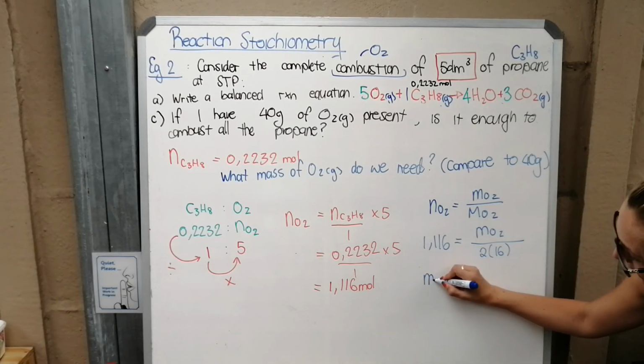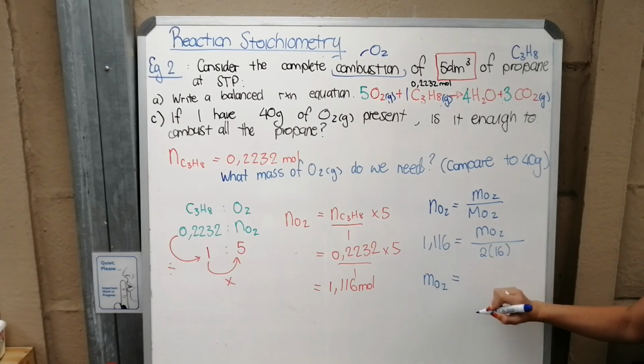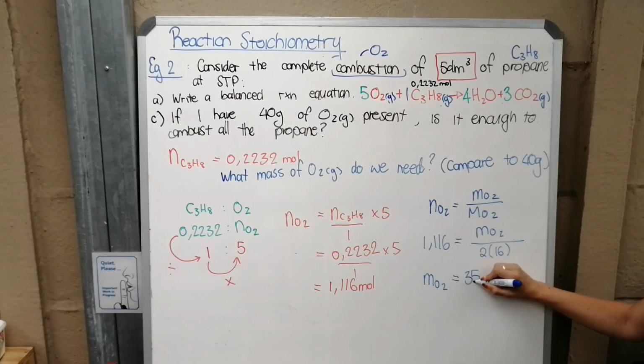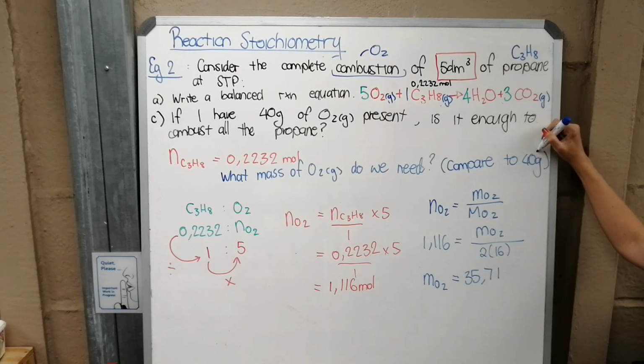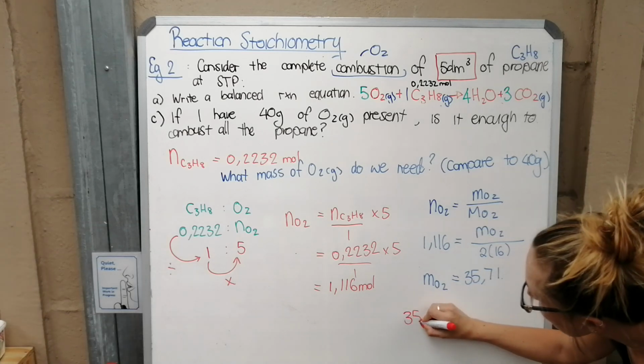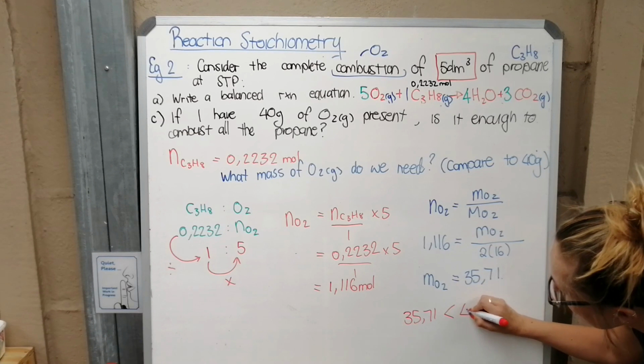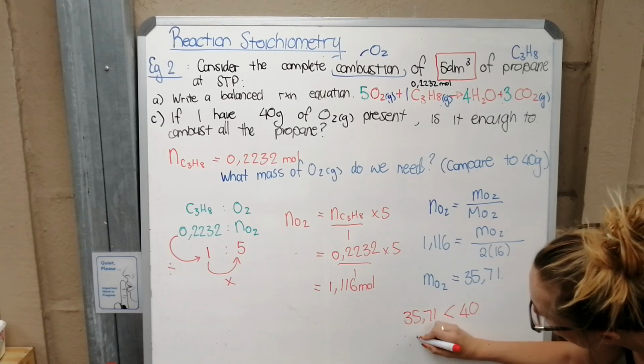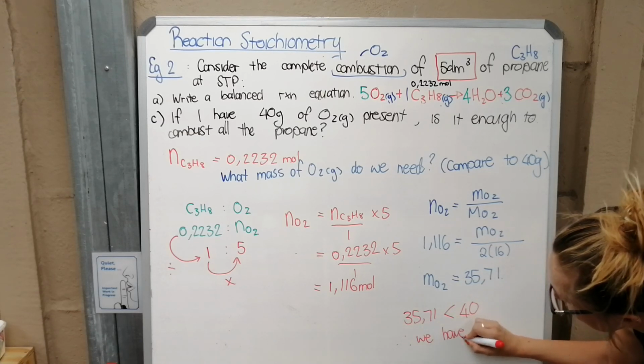And we get that the mass of oxygen required for this reaction to take place is 35,71. We have 40 grams, and we only need 35,71 grams. So we can say it's enough. 35,71 is less than 40, therefore we have enough.